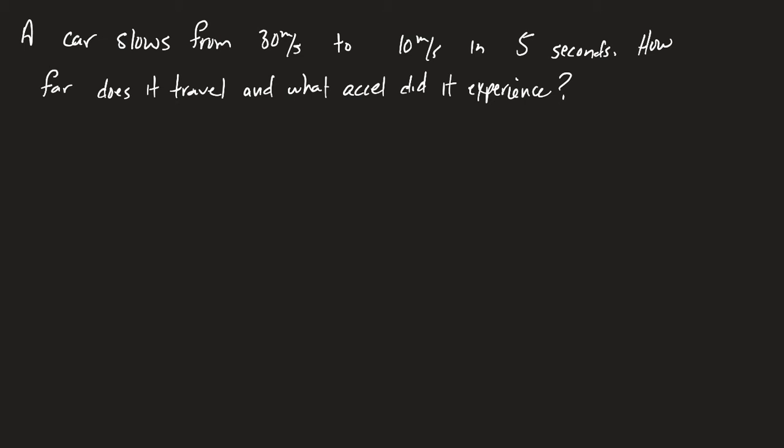I want you to start by realizing that every single problem that we have regarding kinematics boils down to 5 motion variables. And you have at your disposal 5 motion relationships.